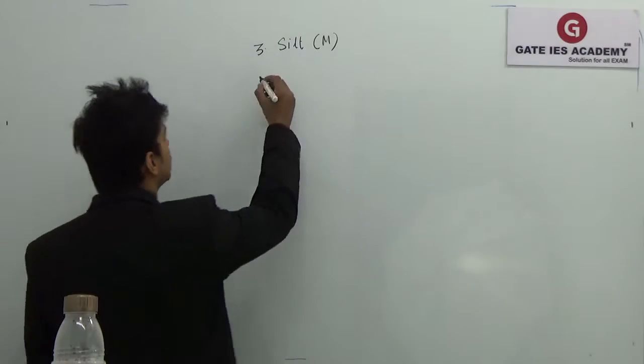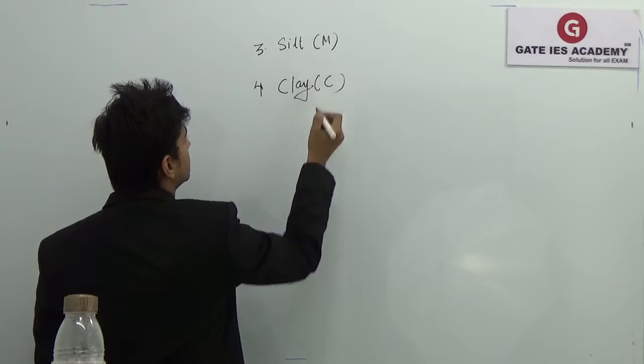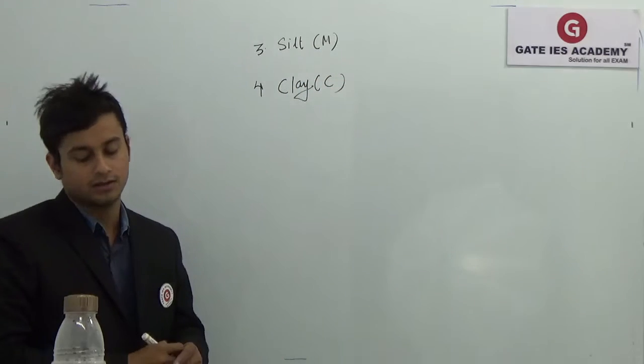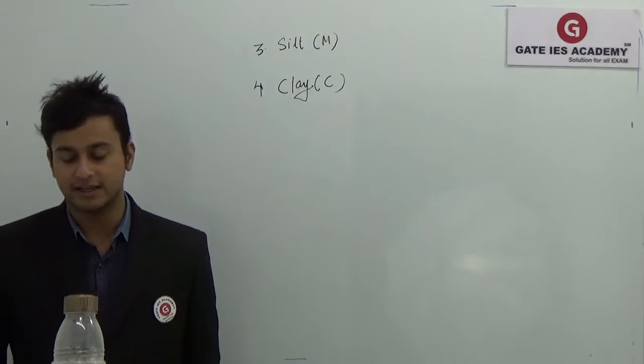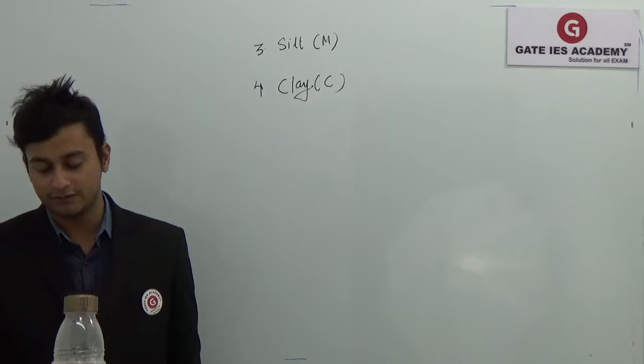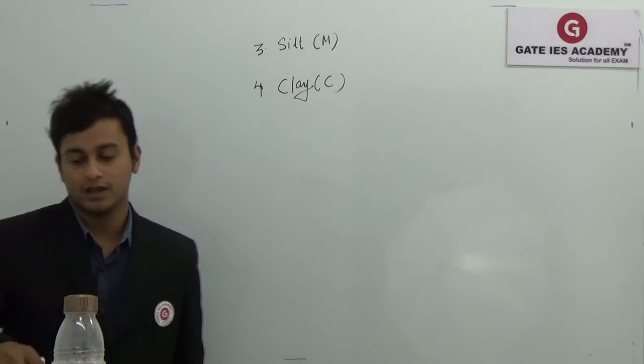Next, write down fourth, we have clay. Okay, so in clay, the soil is passing 75 micron sieve and identified by the following behavior.